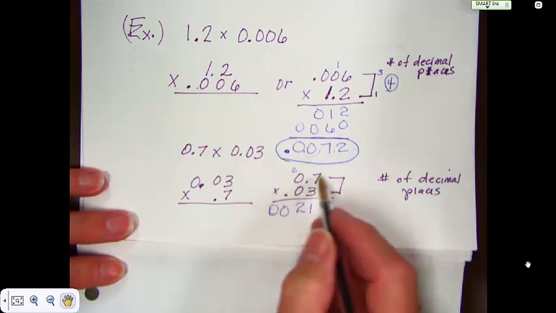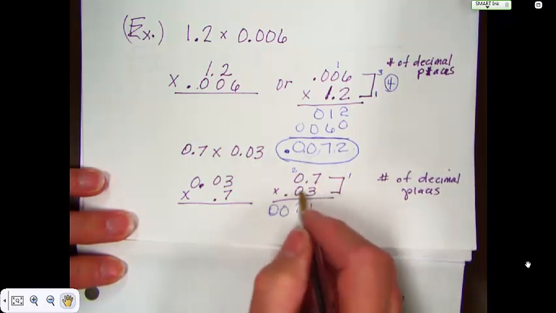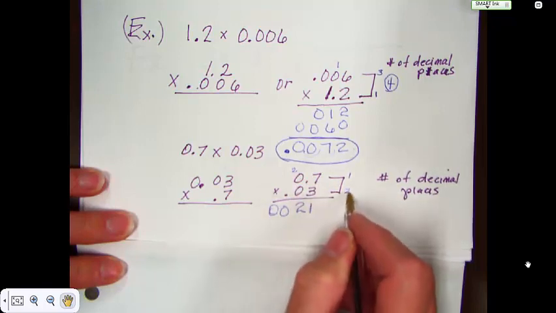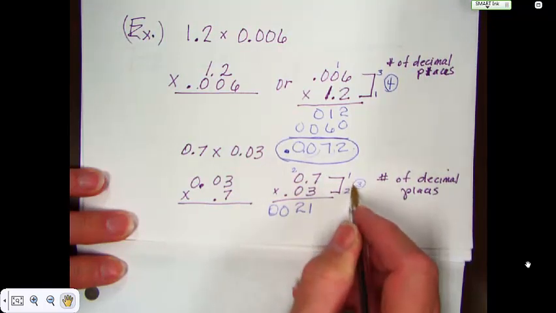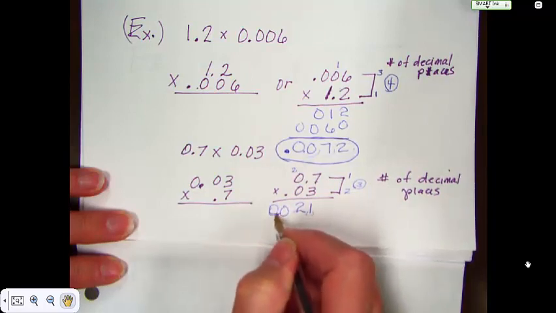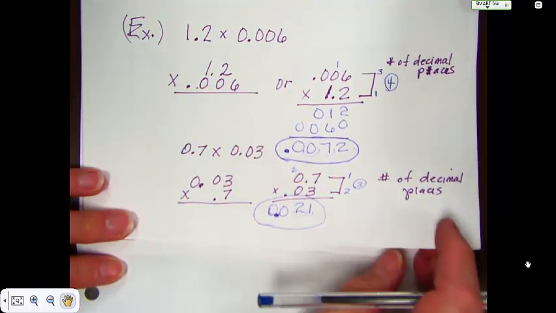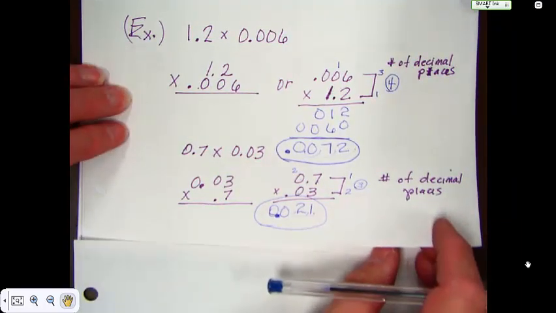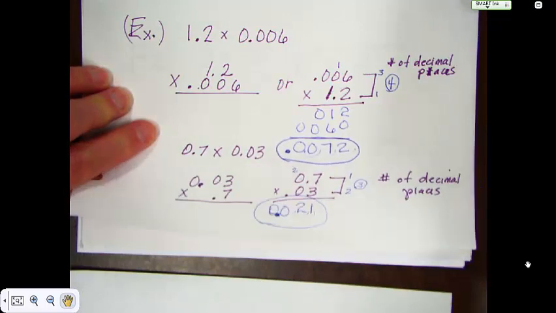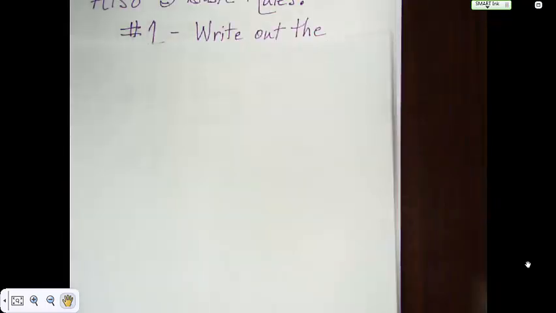You have, let's see, count the number of decimal points. You have 1 there. You got 2. 2 and 1 make 3. Okay, start here. 1, 2, 3. The answer is 0.021. Not too bad. You just really have to pay attention to how many decimal points are in the original problem before you place them in the answer.